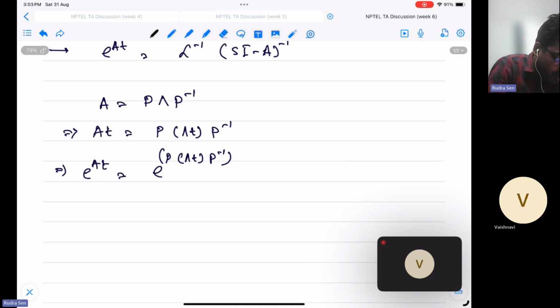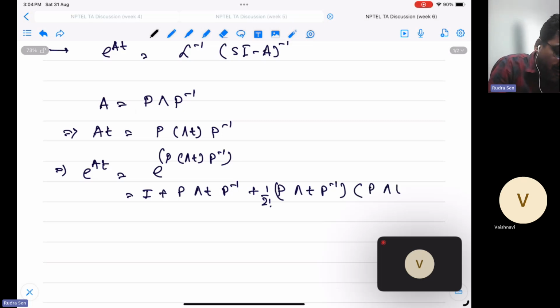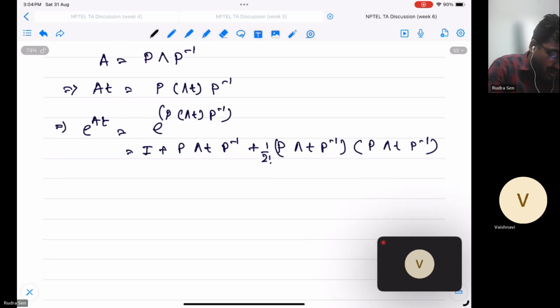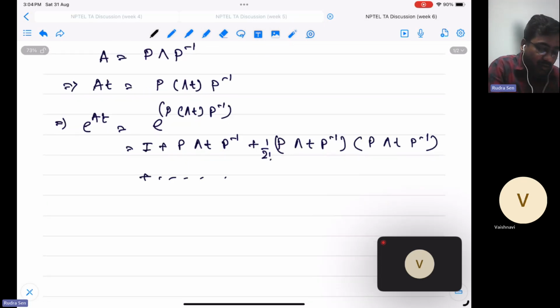Expand this into a series: I plus P lambda t P inverse plus P lambda t P inverse into P lambda t P inverse by factorial 2, and so on, by factorial 3, in that way.